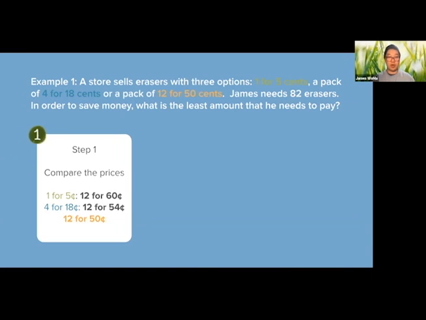If I buy 12 of the 1 for 5 cents, that's 60 cents. If I buy 12 using the 4 for 18 cents, I pay a total of 54 cents. And the 12 is for 50 cents, so that's 50 cents. So if we're just trying to buy 12, what's the best deal? Then the 12 for 50 cents is the best.